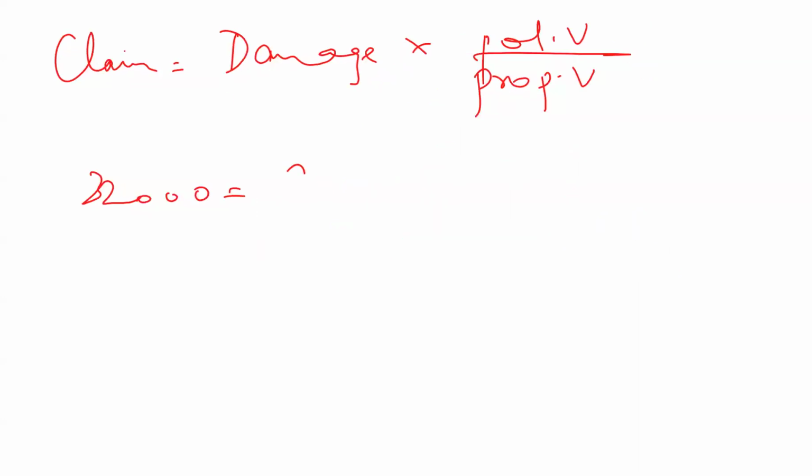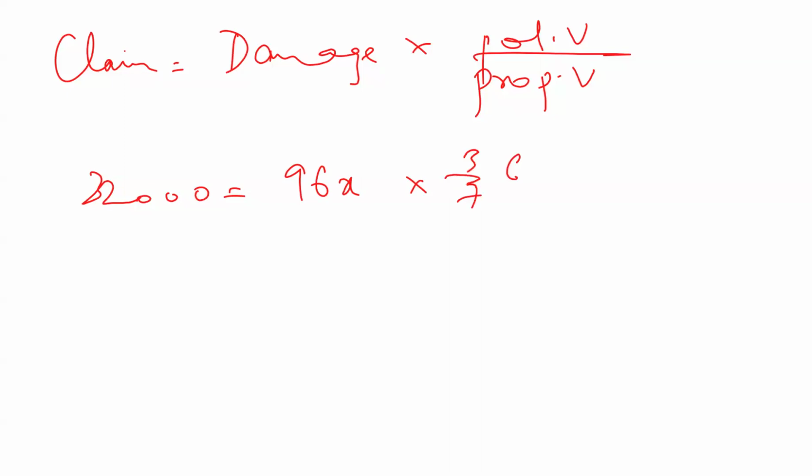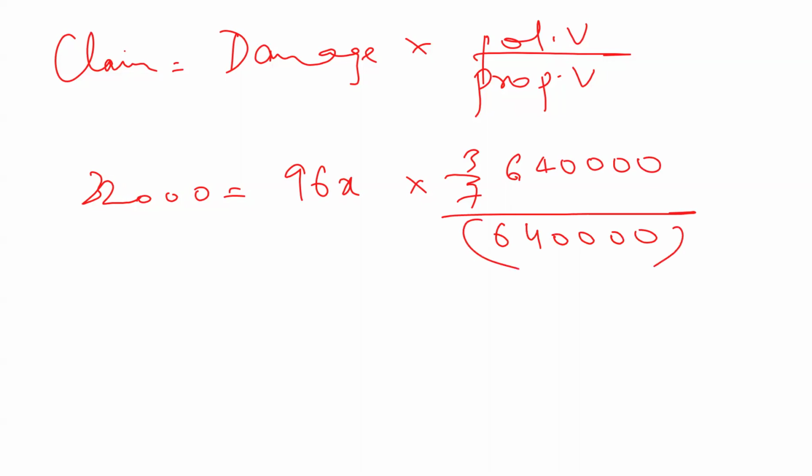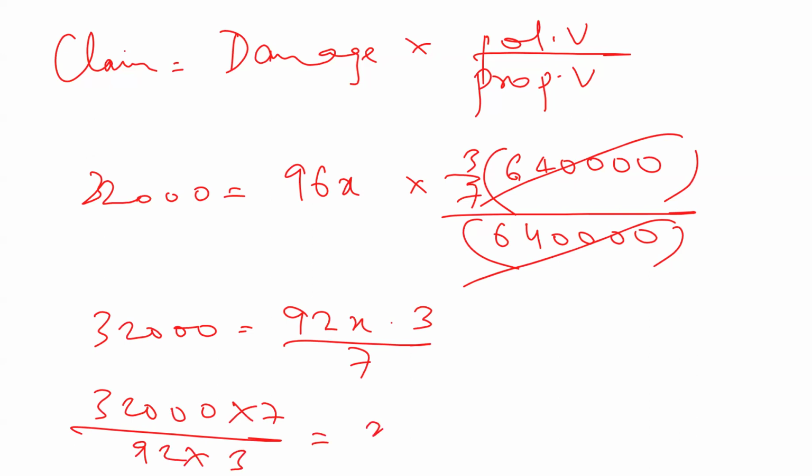And policy value and property value we already wrote right at the beginning of the problem: 3 by 7 of 6,40,000 upon 6,40,000. So 32,000 is equal to 92x 3 by 7. Cross multiply: 32,000 into 7, 92 into 3. So that's the value of x. Now we need to solve this.